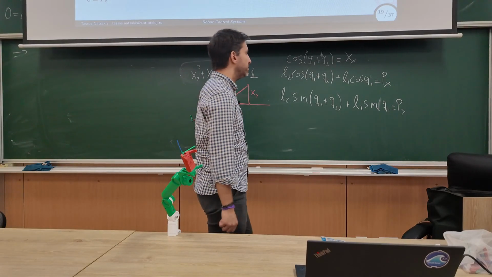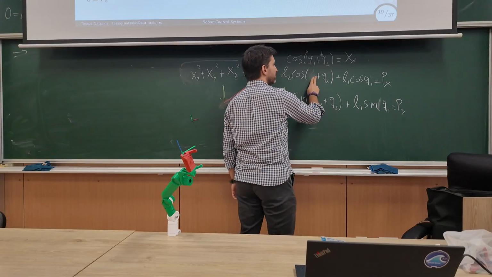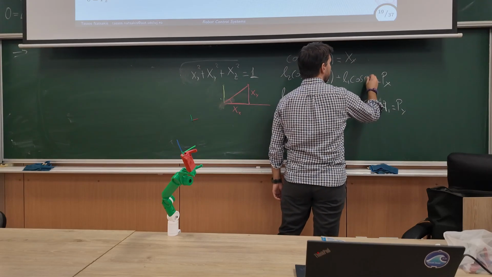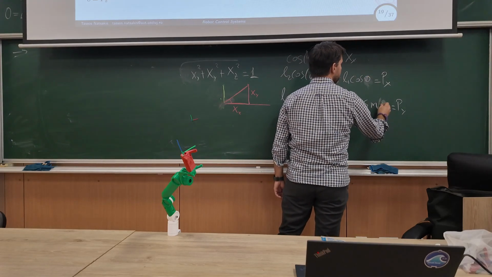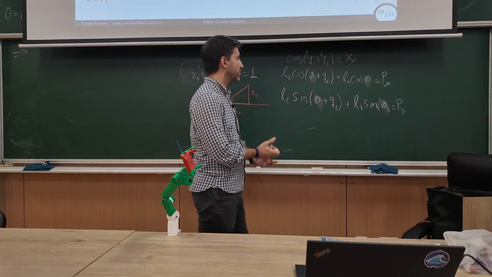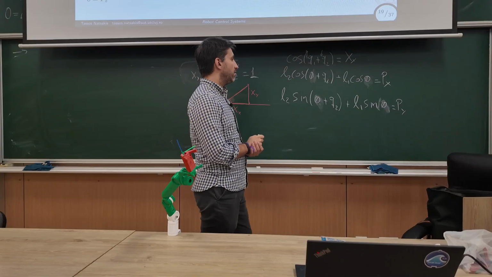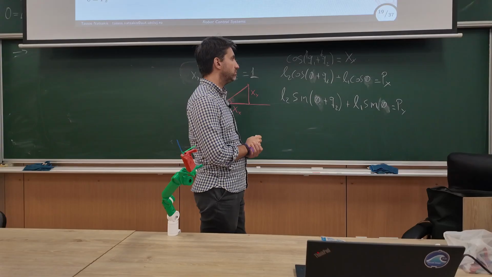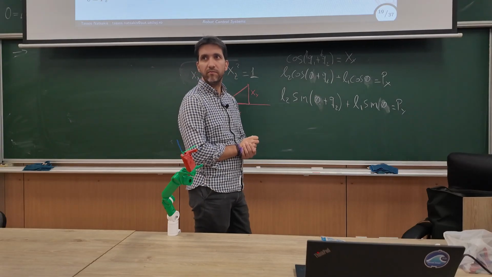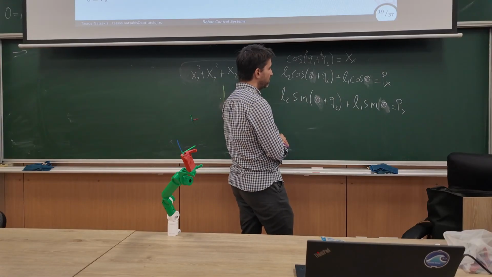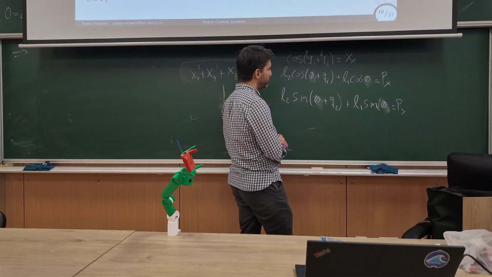Let's put some values. Let's say Q1 is 0. And Q2 is what? 90 degrees. Is this a good example actually? Not sure.